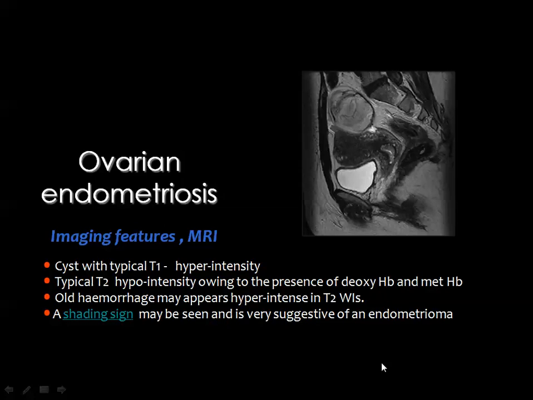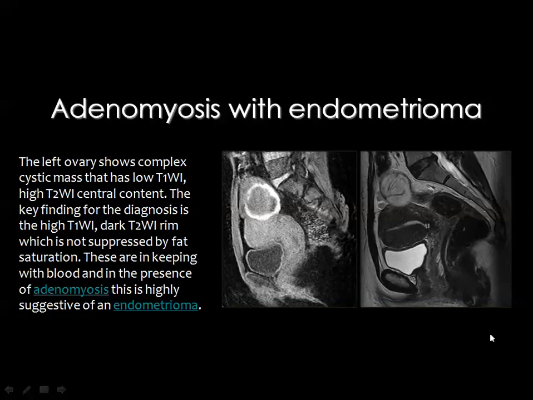Hemorrhagic cyst will appear bright in the T1 and bright in the T2, but the endometriotic cyst will appear bright in the T1 but less bright in the T2. And this is an example. This is a T1 weighted image. You see the hemorrhage, and you see in the T2 weighted image some decrease of the signal, and this is what we call the shading sign.